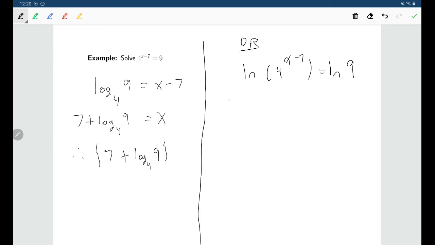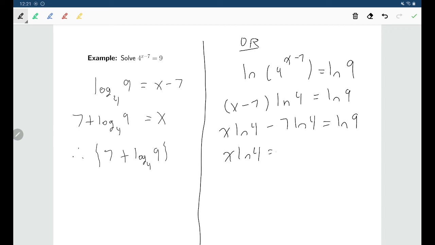And that means that that power, x minus 7, can come in front. I have x minus 7 times natural log of 4. Just expanding what I have on the right side. So x times natural log of 4 minus 7 times natural log of 4.